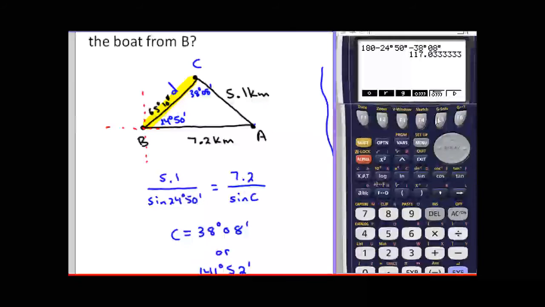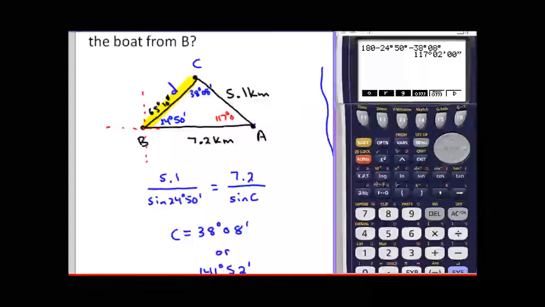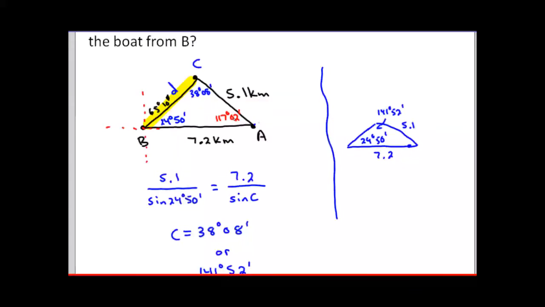So see, it's going to be 117 degrees, 2 minutes. So this is going to be 117 degrees, 2 minutes. So my little generic drawing sort of threw me off. This one's when it comes out here. Okay, and the distance is going to be a lot bigger in this one than in this one.